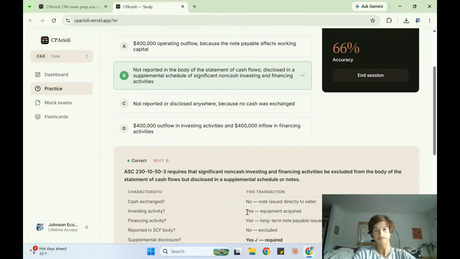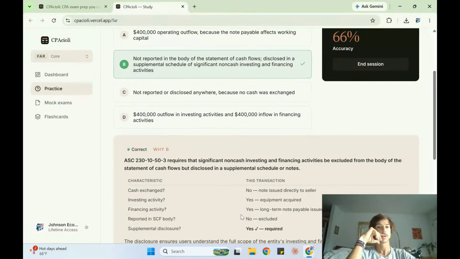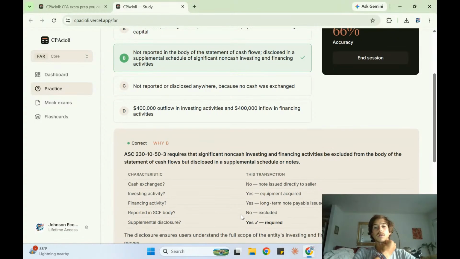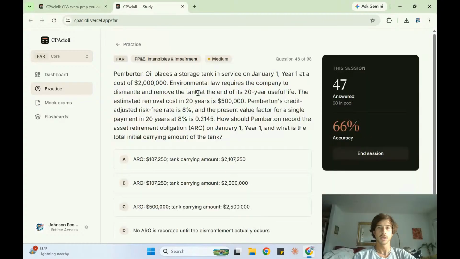Nice. So yeah, it must appear in non-cash investing and financing activities, supplemental schedule.